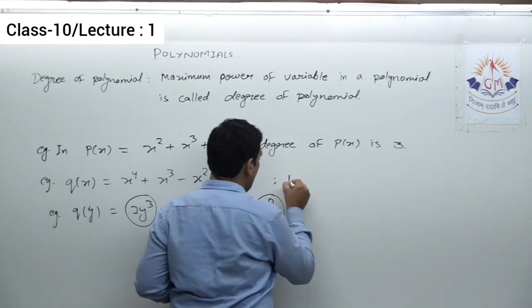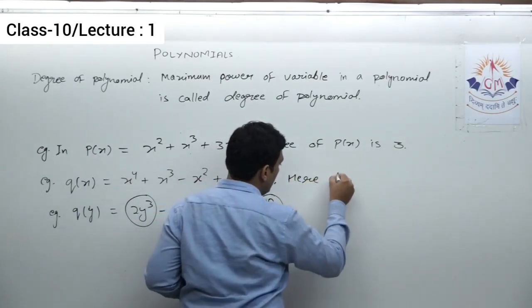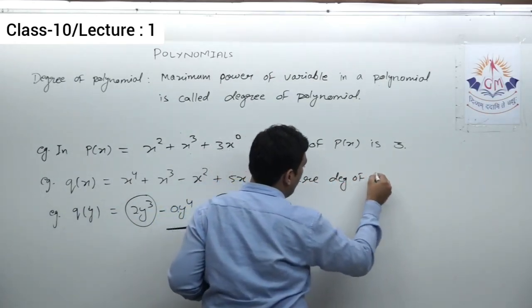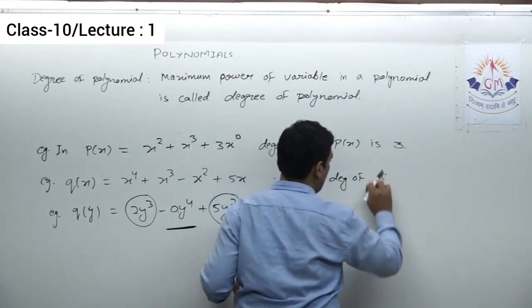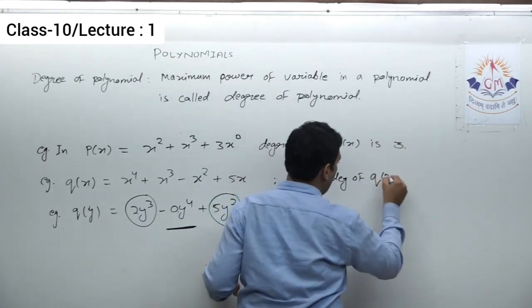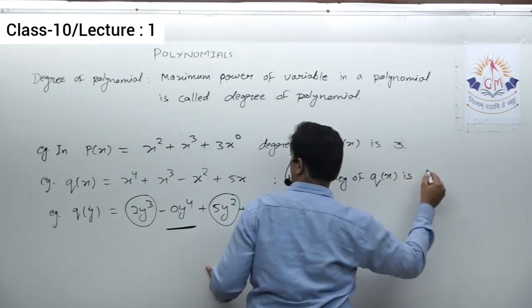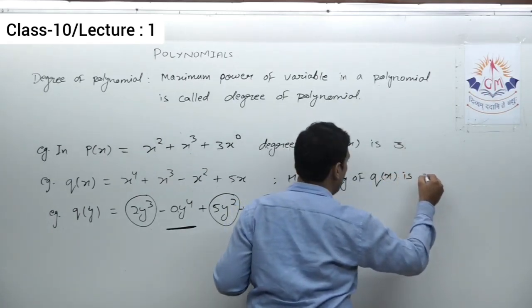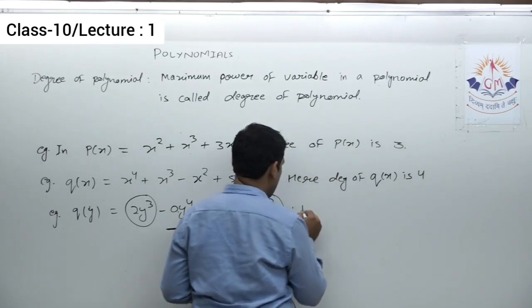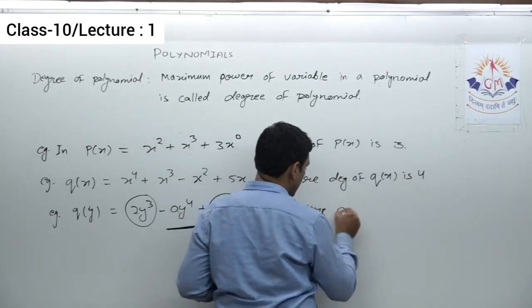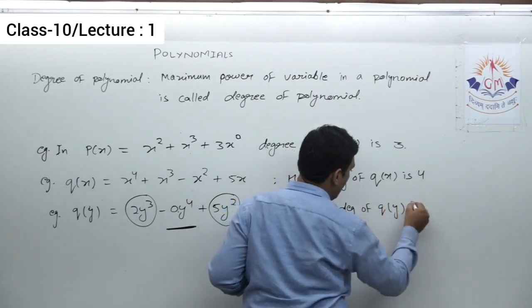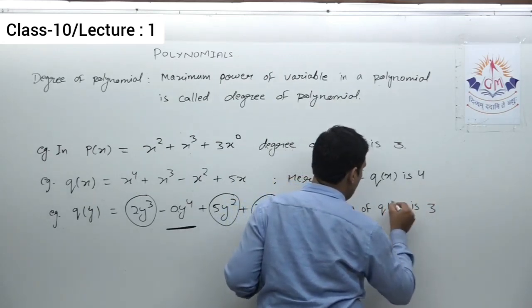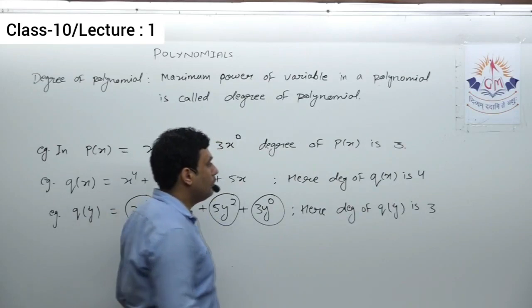Okay, so degree of q(x) is 4, and over here degree of q(y) is 3. Okay, so please note it down.